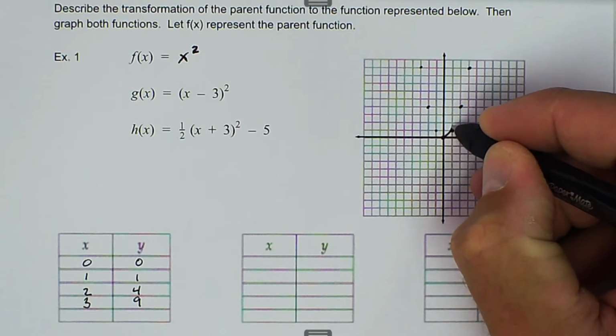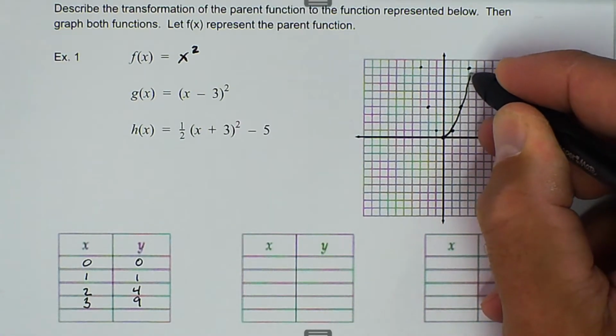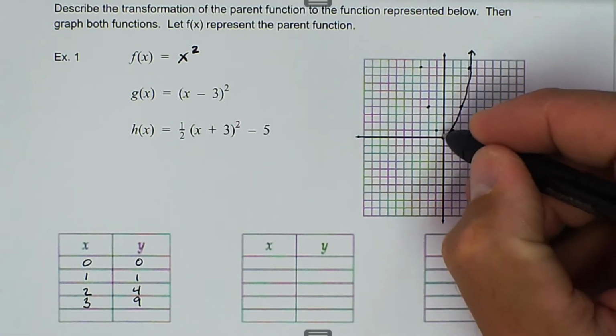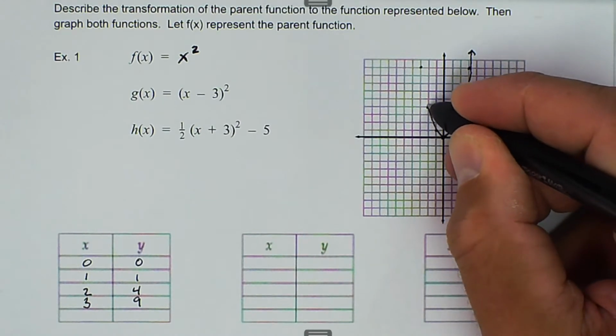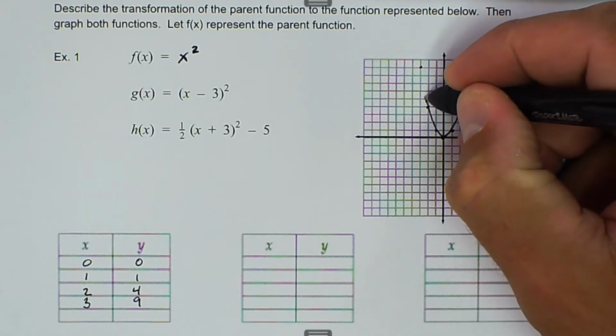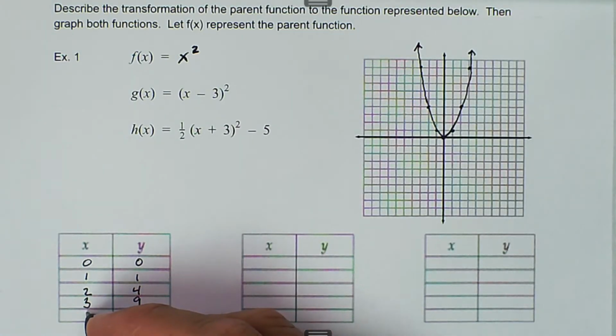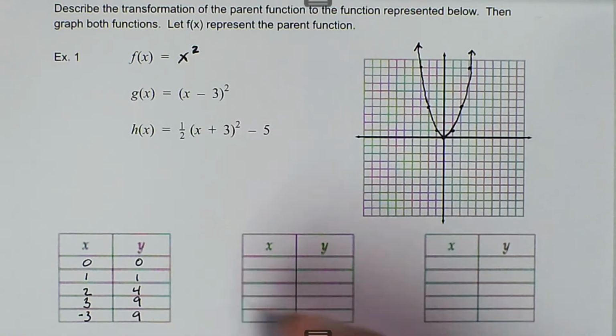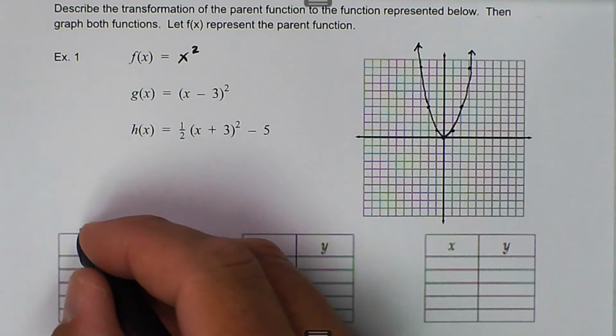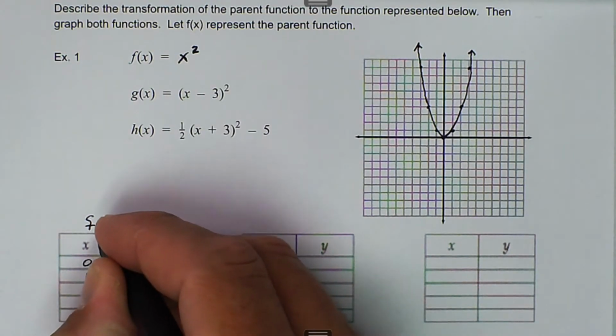And so I can pick any one of those other points to finish filling out the table. And we get a parabola that looks like this. So we can just pick -3, 9.